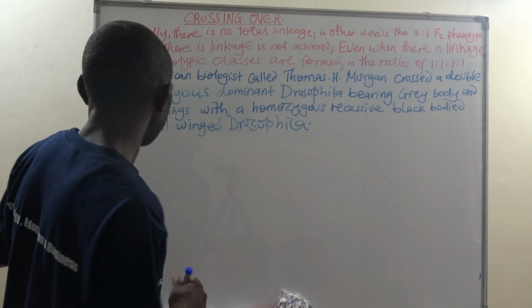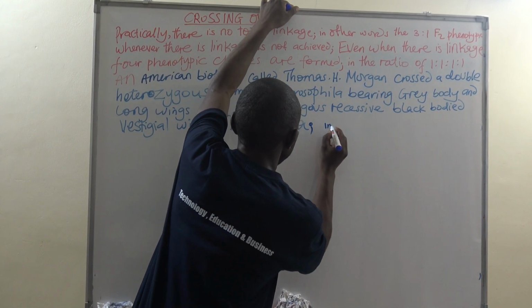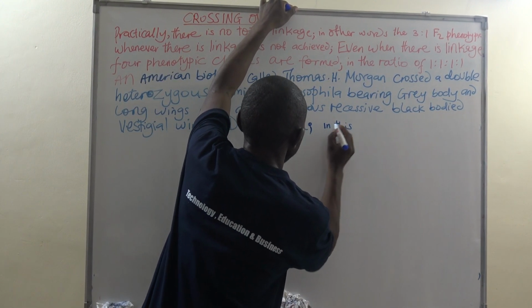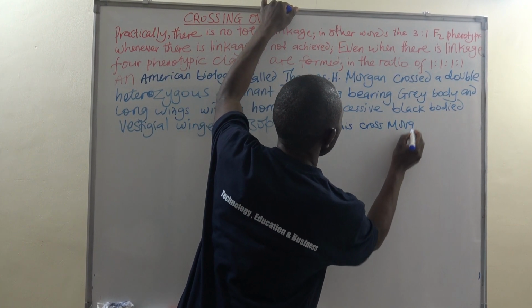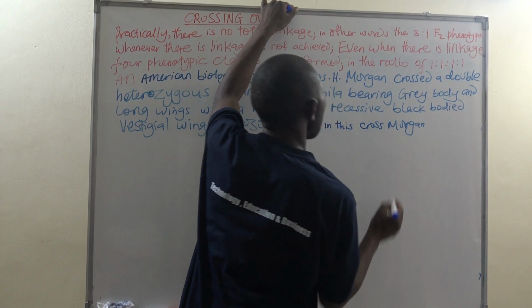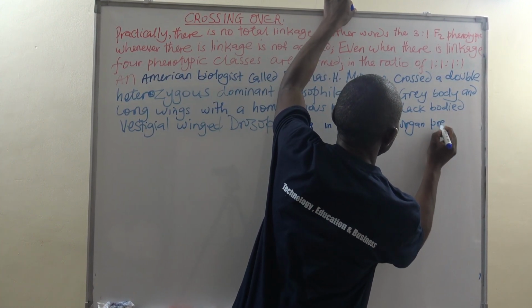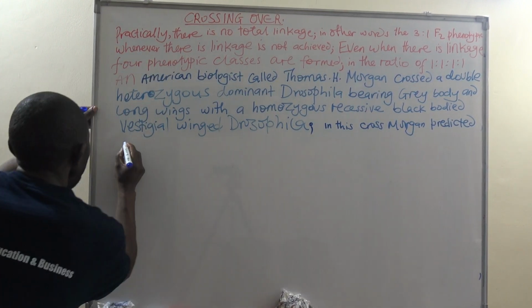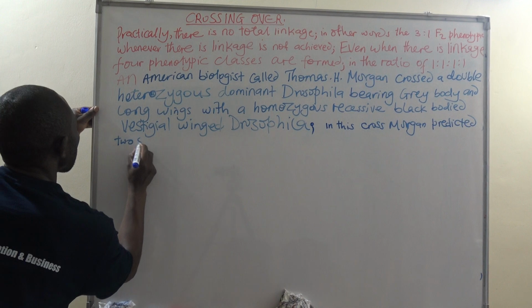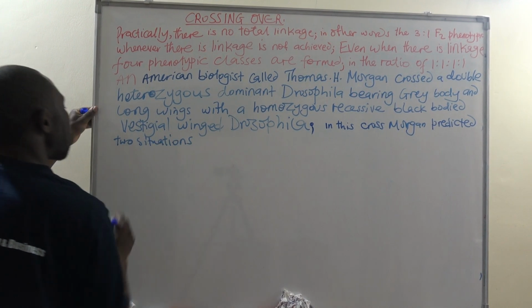So now, we can say that in this cross, Morgan predicted two situations.